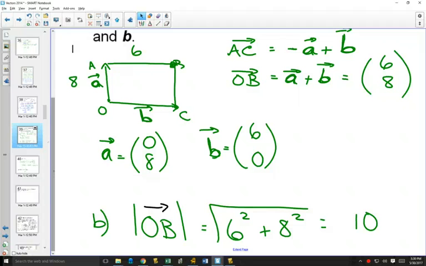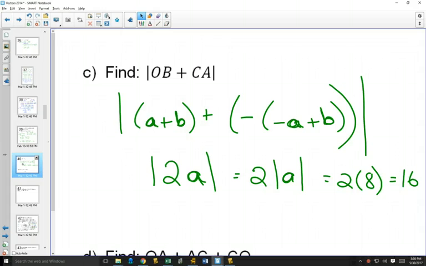Now in part C, OB plus CA just ends up being 2 A's.